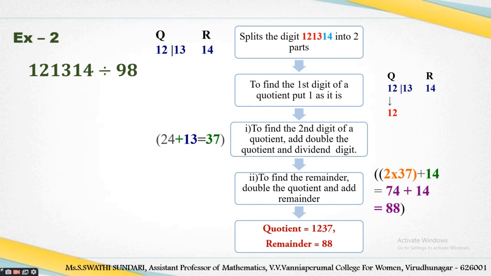Next, this 74 is added to the remainder part 14, so 74 plus 14 is 88. So 88 is the remainder and 1237 is the quotient. It is similar when dividing numbers near other bases like 1000 and 10,000, etc.